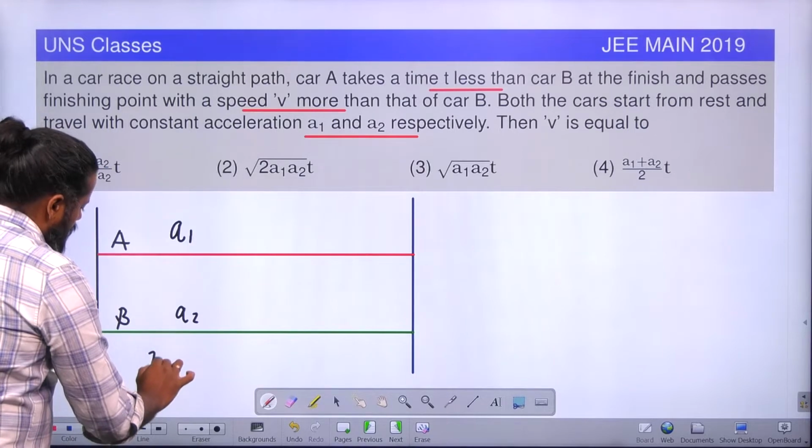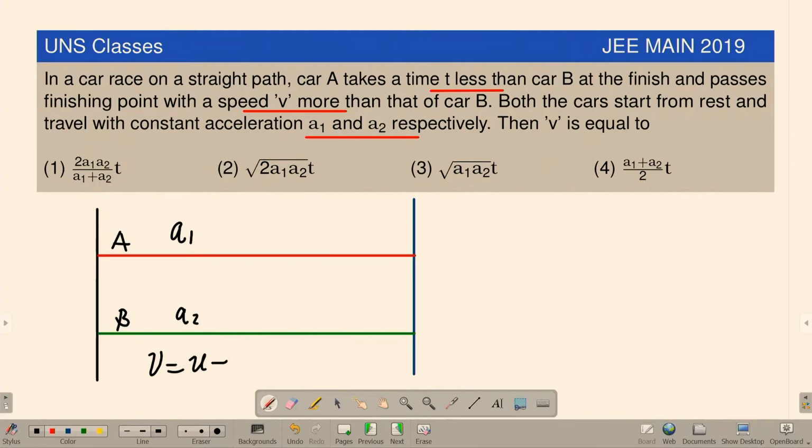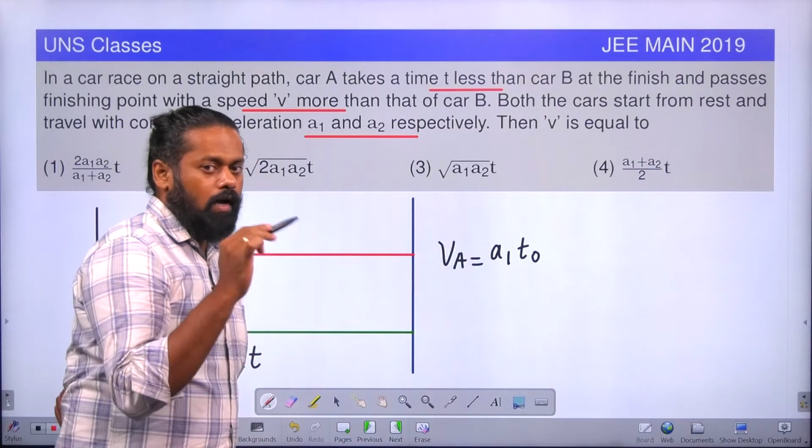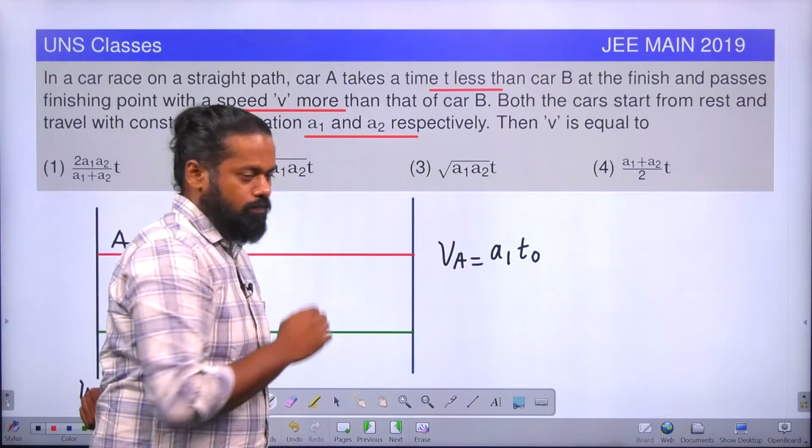We can apply the kinematic equation v equals u plus at, and clearly it is starting from rest, so the initial velocity is 0. Then the velocity Va is going to be equal to a1 multiplied by t0. Assume that t0 is the time taken by car A to reach the finishing point.